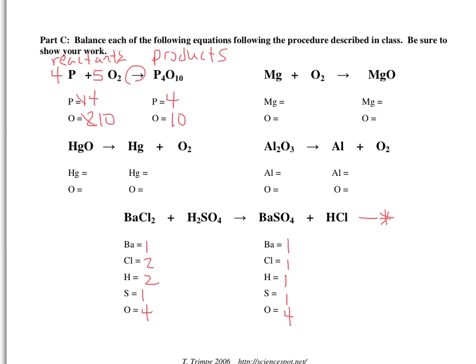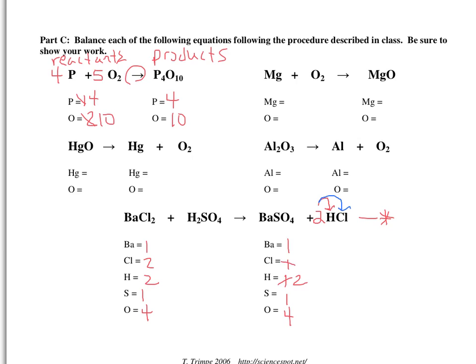So if I have 2 hydrogens here, the only way to get 2 on this side is to think what times 1 gives me 2, and that would be 2. So that coefficient goes with the hydrogen that it's directly in front of, but it also goes with the chlorine, because the coefficient goes with everything that is behind it.